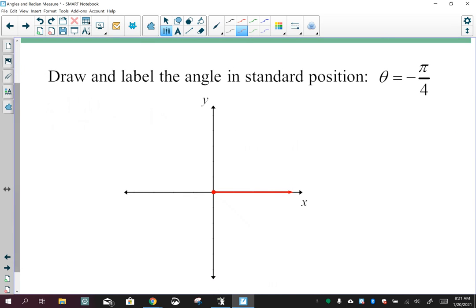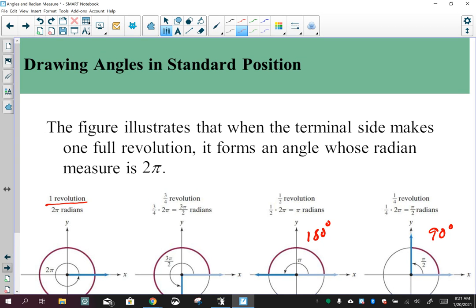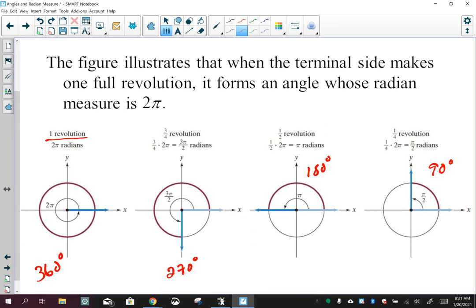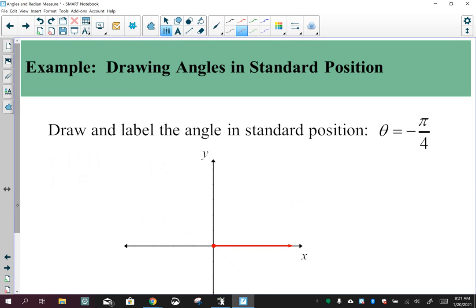So we need to draw the angle in standard position of negative pi over 4. Notice that it doesn't talk about revolutions, so it already gave me the radian measurement, which is fine.